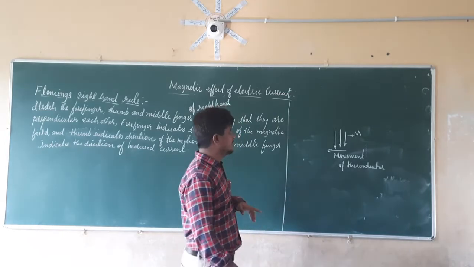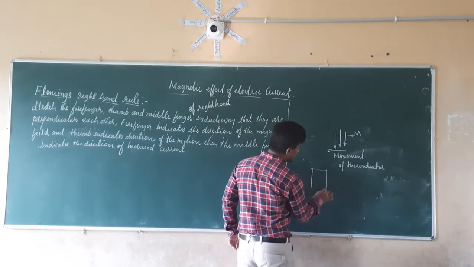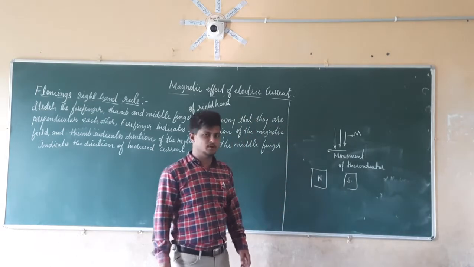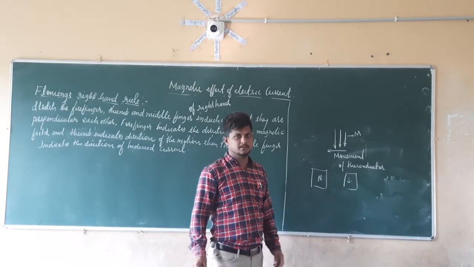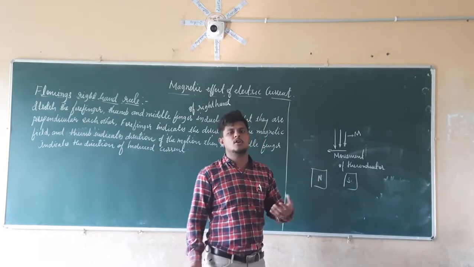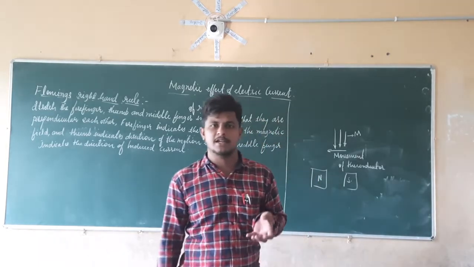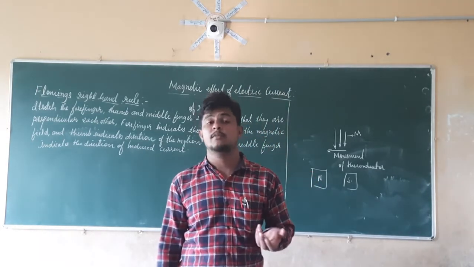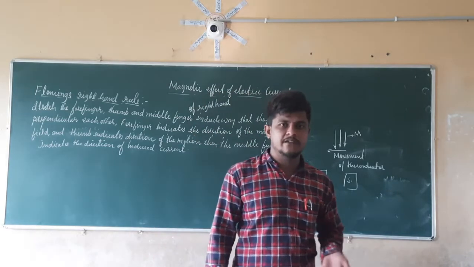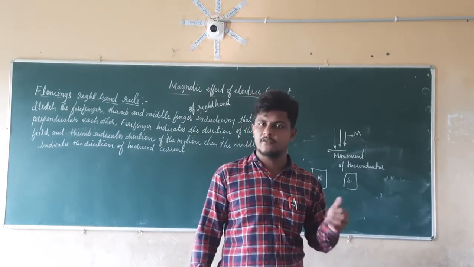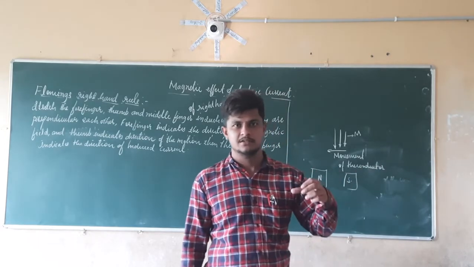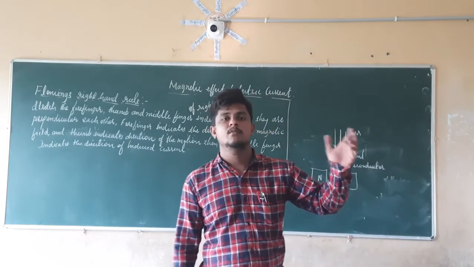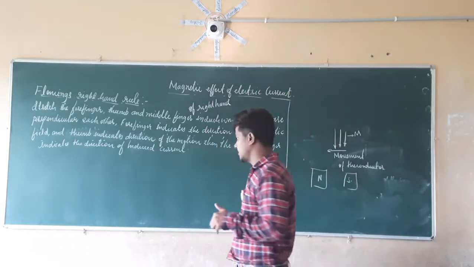See here, the first condition: the amount of induced current is directly proportional to the amount of magnetic field. If there is more magnetic flux, that is, more magnetic field present, then it is going to induce more current. If more magnetic field is going to change when a conductor starts to move in it, there will be more induced current.